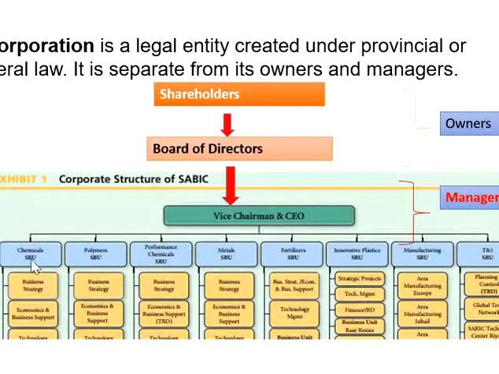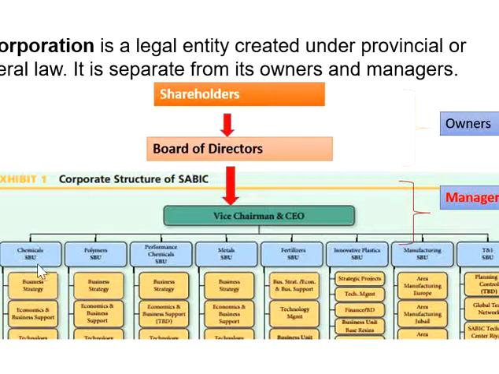So they are responsible. Let's say the president of SABIC Chemical is responsible for revenues, how much sales he made, what the cost is. At the end, he is accountable to the top for the income. He has a target for income or profit for each period, and his performance will be evaluated based on what the target profit was for him.